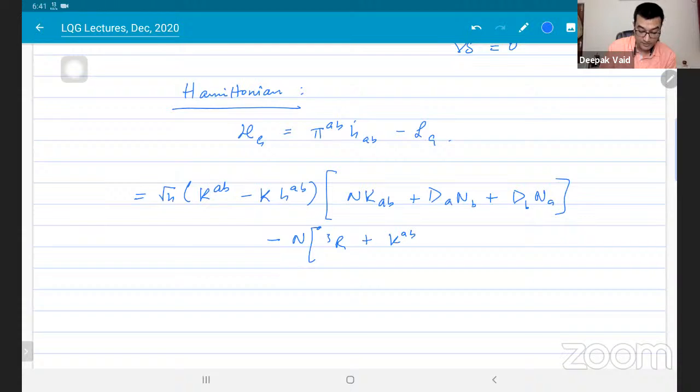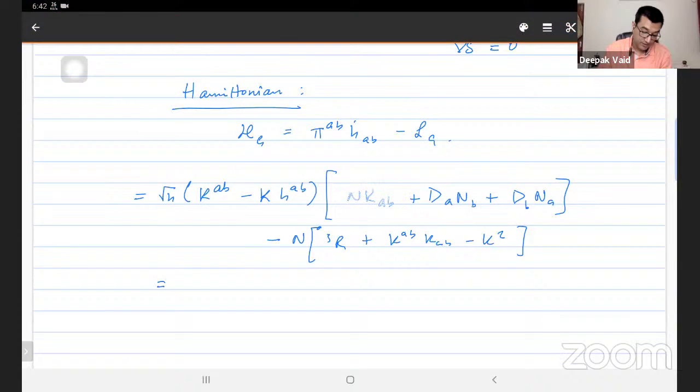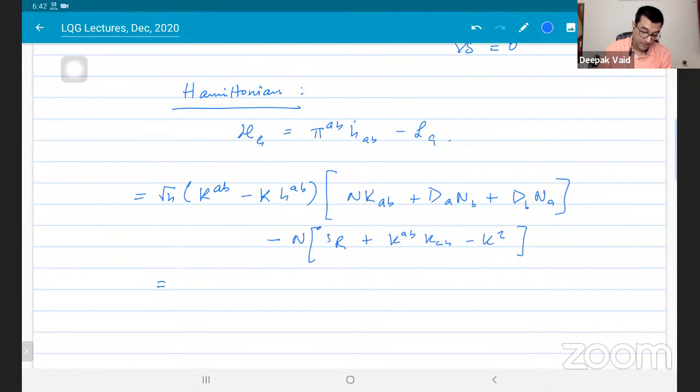Plus K_AB K^AB minus K squared. Now, if you look at the structure of this expression, you're going to have terms which are proportional to N, which will come from this and also from this.